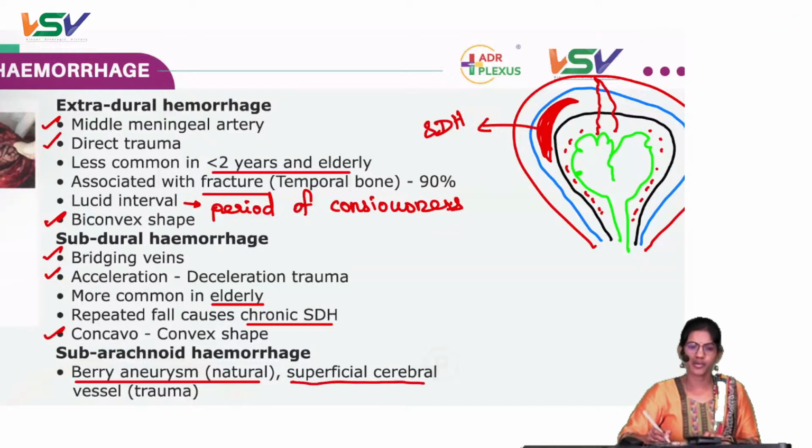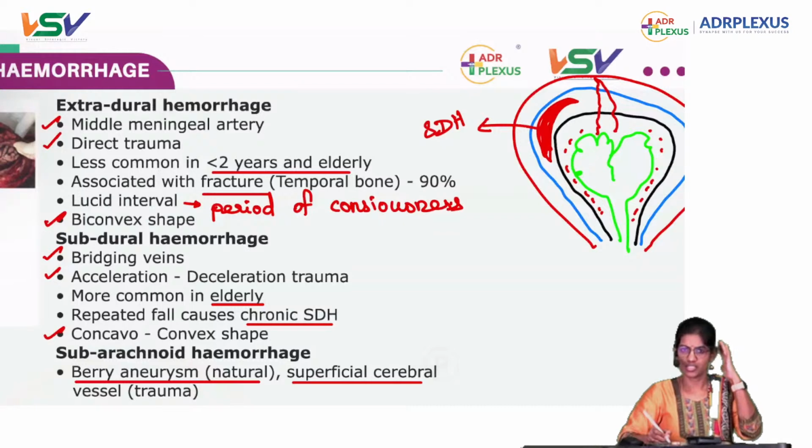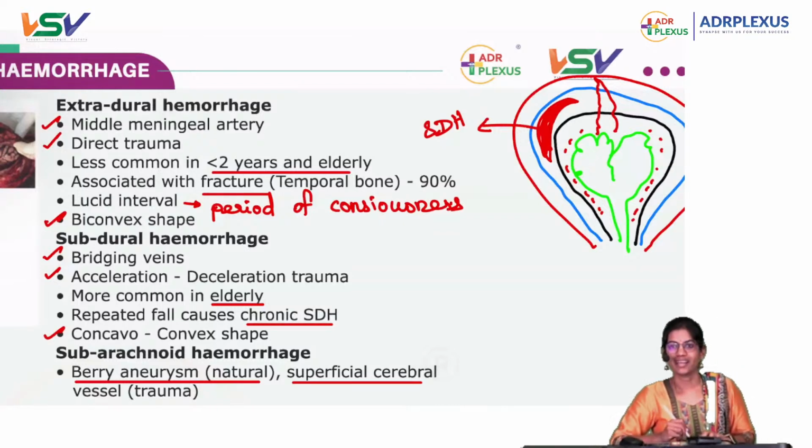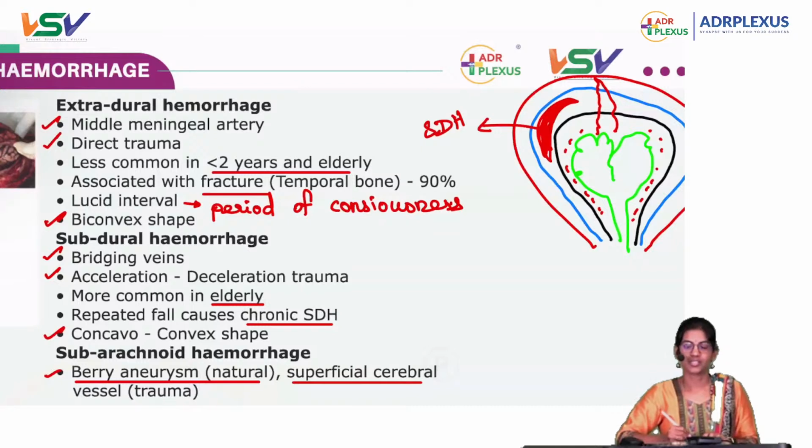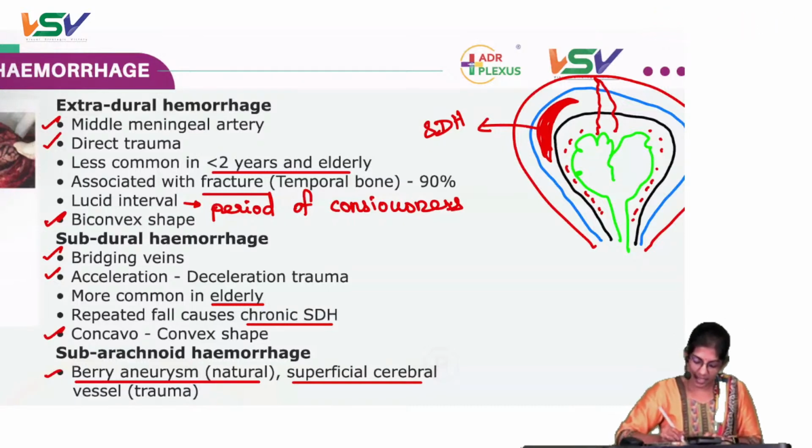Almost all trauma causes superficial head injury. Significant head injury causes superficial cerebral vessels to break and causes subarachnoid hemorrhages. So this is subarachnoid hemorrhage due to berry. If they give a history of thunderclap headache, berry rupture. Where is the berry present? Circle of Willis.